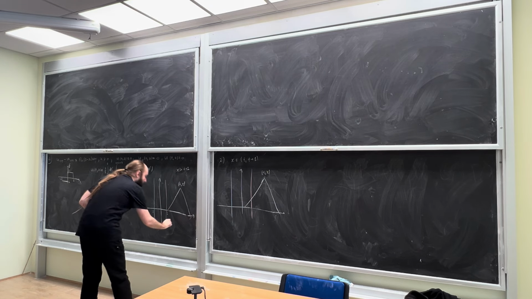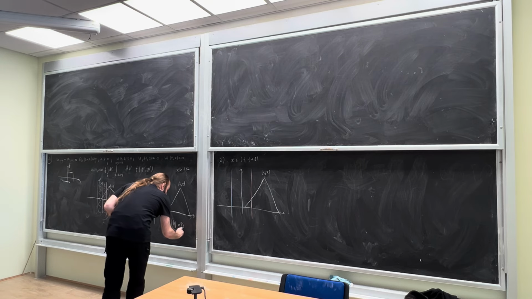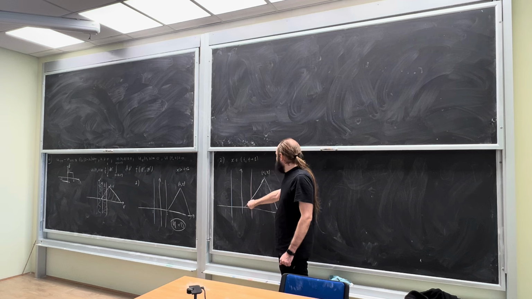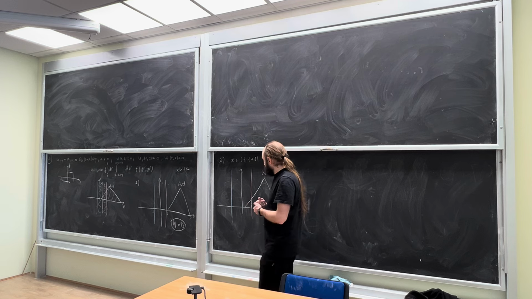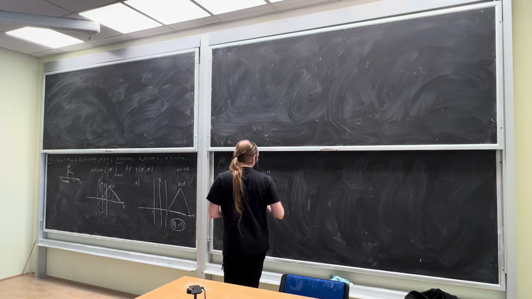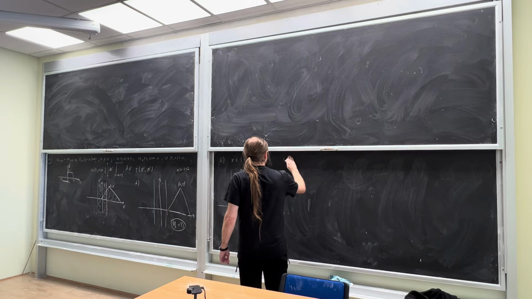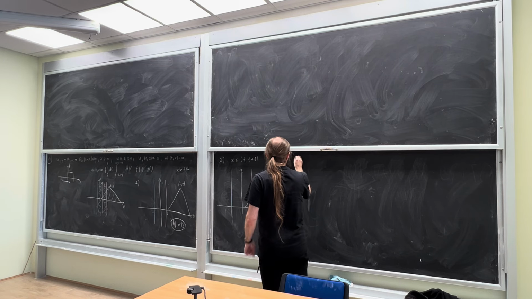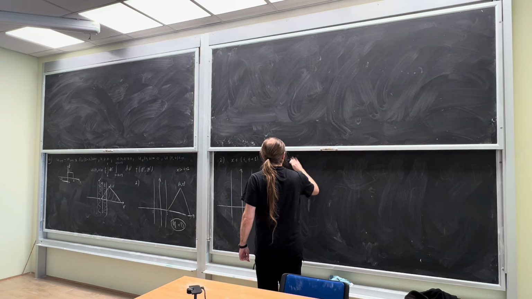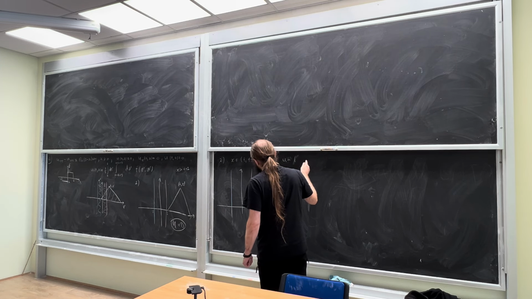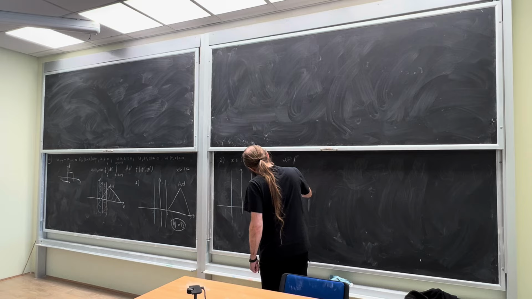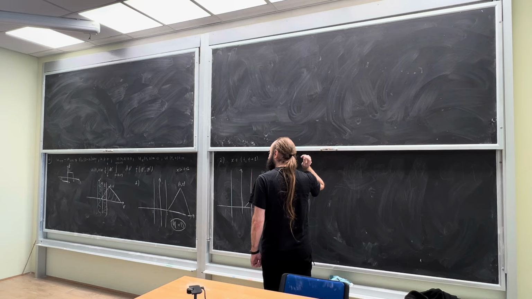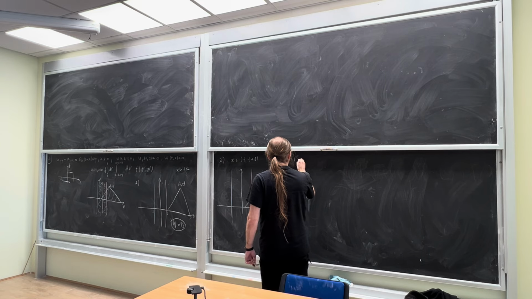So here we write that u is 0. Here, u equals one half times the area of this triangle, something like a square over 2, or over 4, actually.